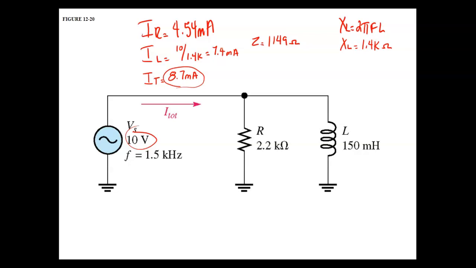Or you can use resistive opposition over reactive opposition. So you gotta switch that thing around, right? So it's 58 degrees.